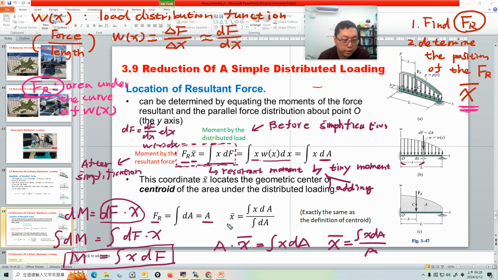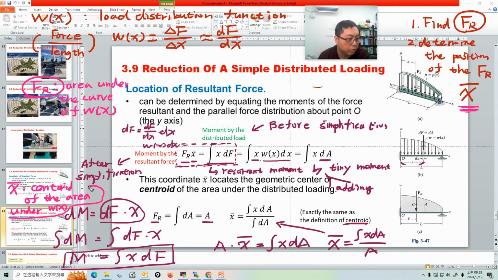This is the final expression for the position of the resultant force. Actually, the right-hand side is just the definition of the centroid. So the conclusion is that x bar is the centroid of the area under the w(x) curve.